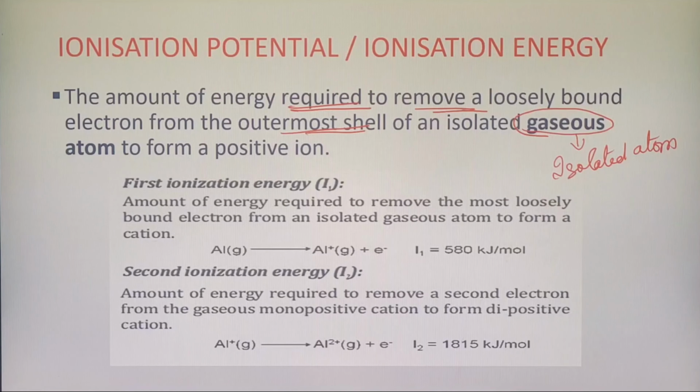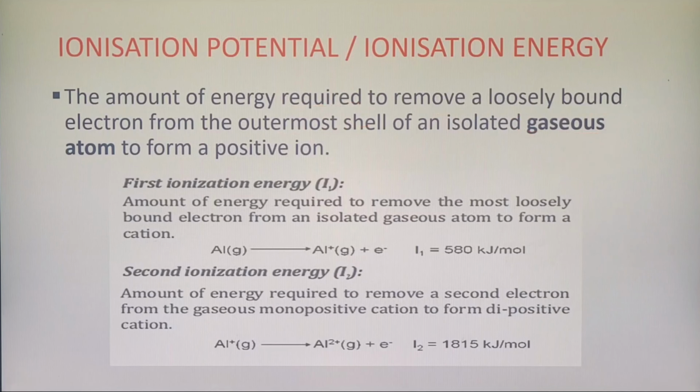If the same atom is in a solid or liquid form, it is always in a combined state, mixed with some other atom. But whenever it is in a gaseous form, it is in an isolated form. So the word gaseous implies that it is in an isolated form.